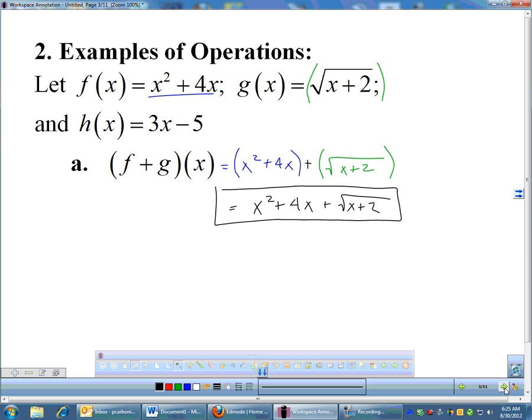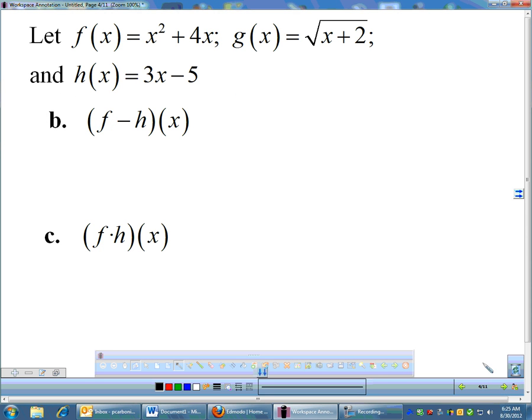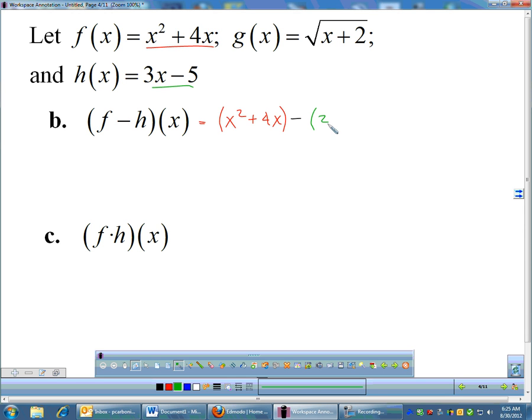Let's see, moving on. Okay, so let's try f of x minus h of x. Well, here's f, x squared plus 4x, so x squared plus 4x minus, and then I'll do h of x, 3x minus 5. Okay, this one, it looks like I may be able to do something.